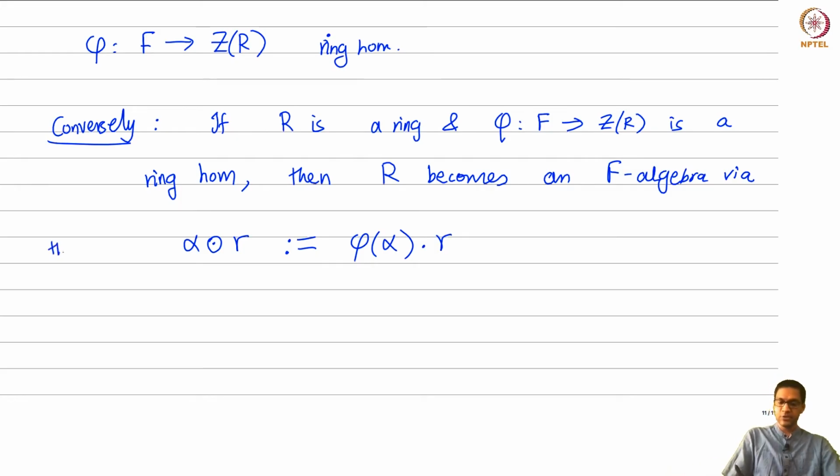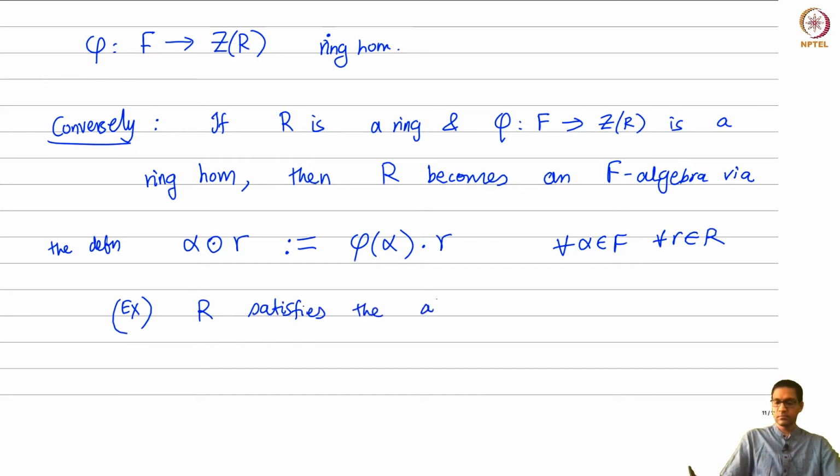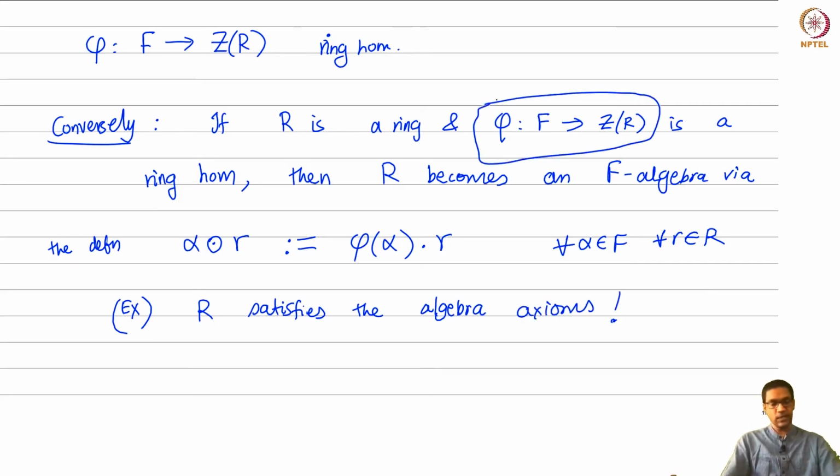So via this definition, alpha scalar multiplying r is phi of alpha times r. Now you can check that this satisfies all the axioms. Exercise: check that R satisfies the axioms of an algebra. So F algebras are really the same data as homomorphisms from F to the center.